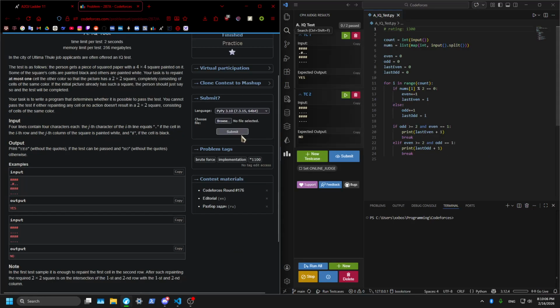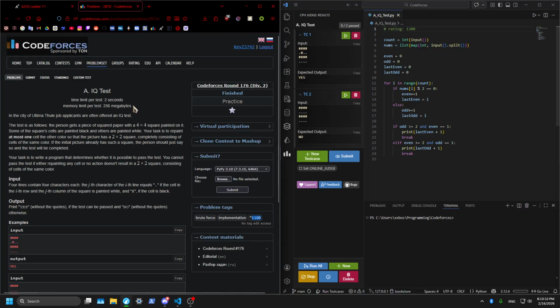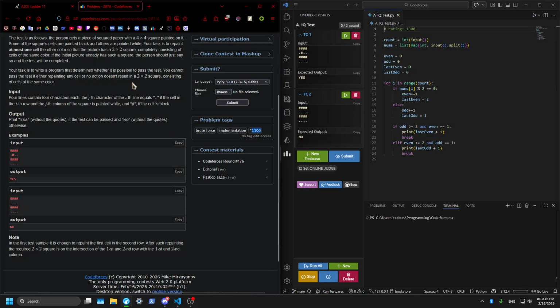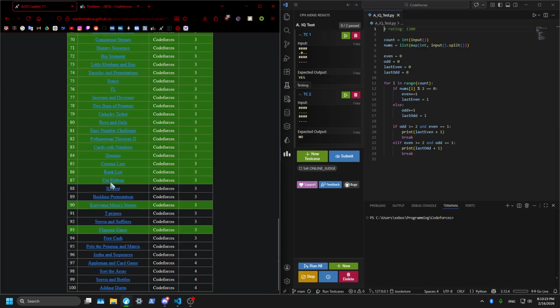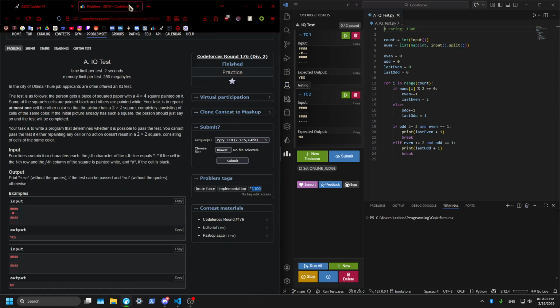IQ test. Starting off with a 1200 rated. Turns out there's another problem called IQ test that's... Wait, have I already done this question? Why isn't it marked? 287?